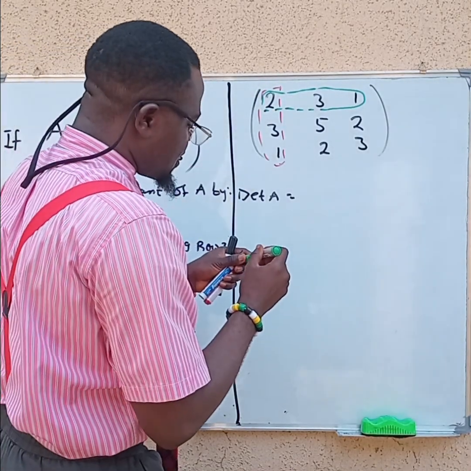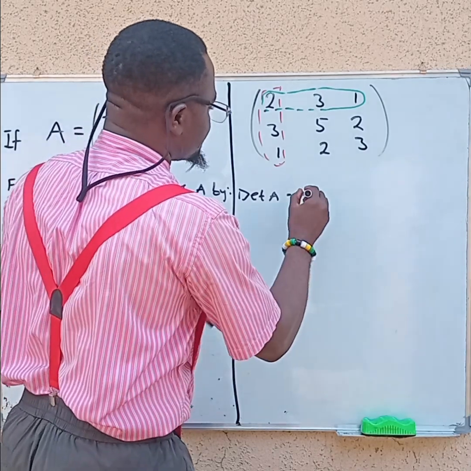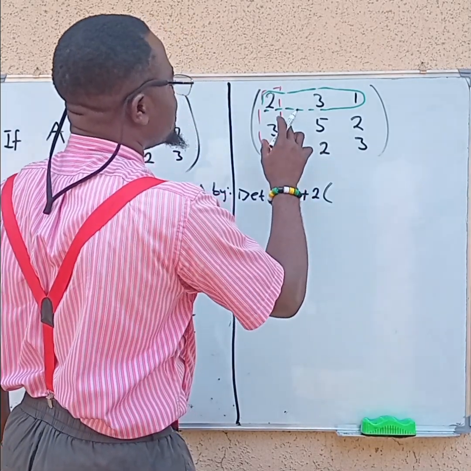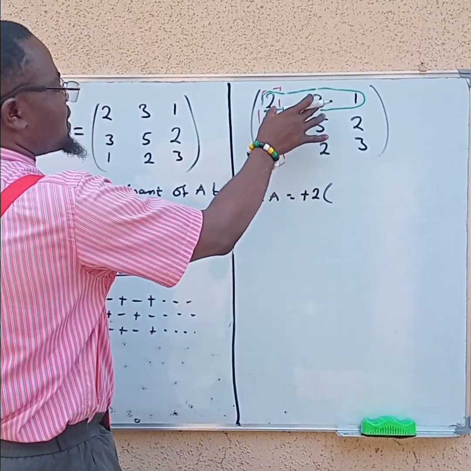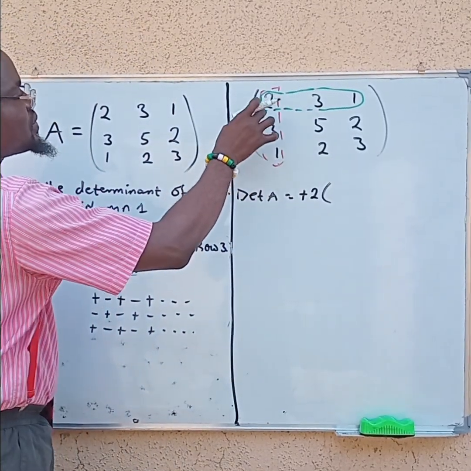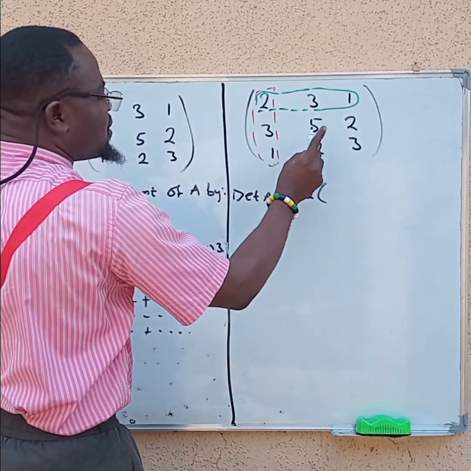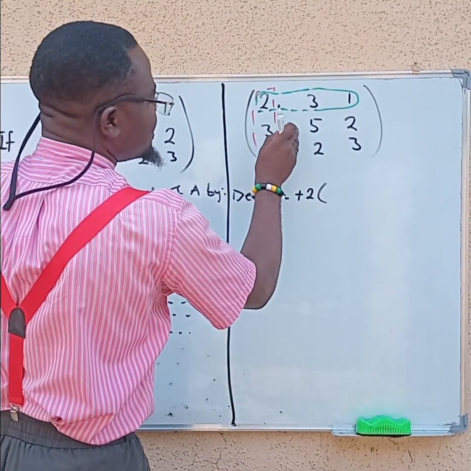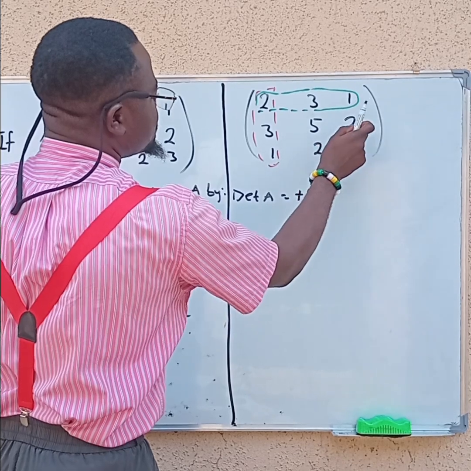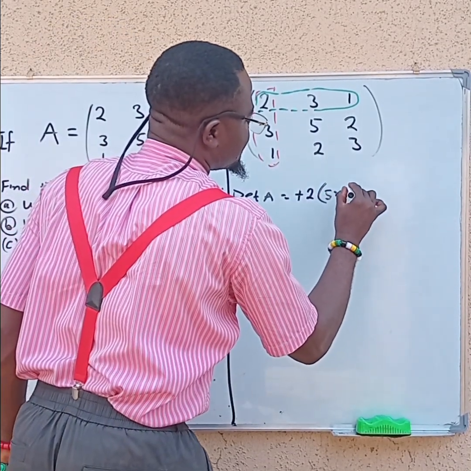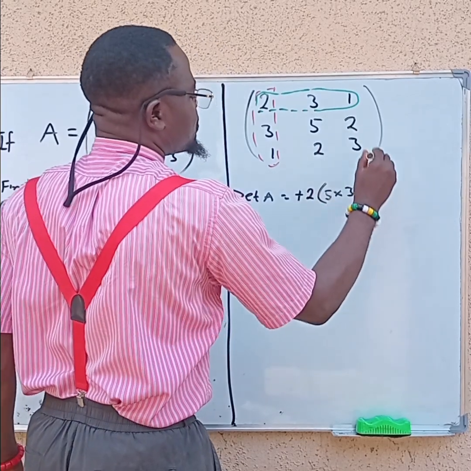So I'll write my plus. What is there is 2. If I close everything that has to do with 2, I'll be left with 5, 2, and 2, 3, which is 5 times 3 minus 2 times 2.